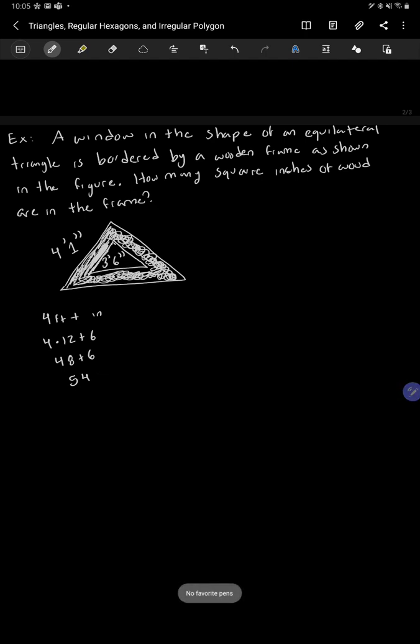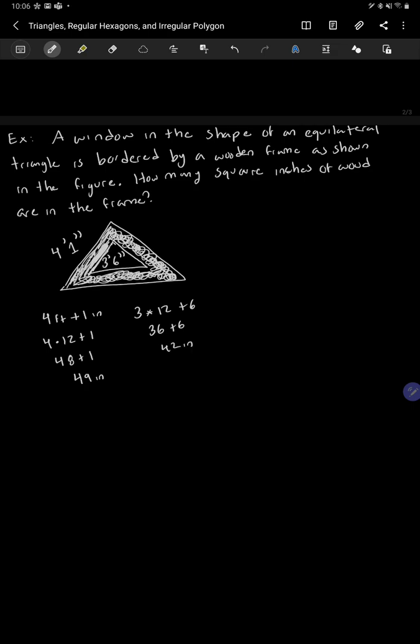Should have said 1 inch. So we actually got 49 inches. Alright, so now we know that each side on the outside is 49 inches. Each side on the inside is gonna be 42 inches.